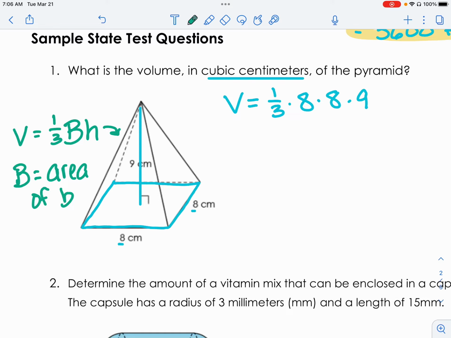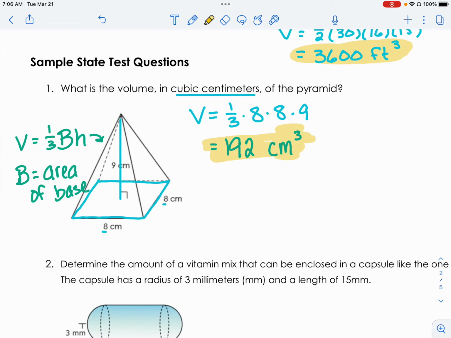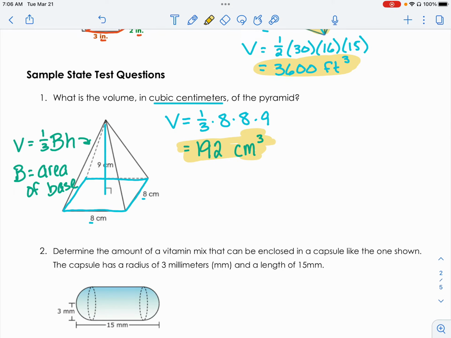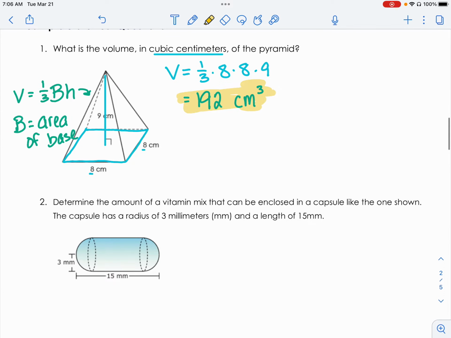So I'm just making some notes here for you to follow along with. But when we go ahead and solve this, we end up with 192 centimeters cubed. So hopefully if you see that on the state test, you're feeling pretty comfortable, you can ace it.